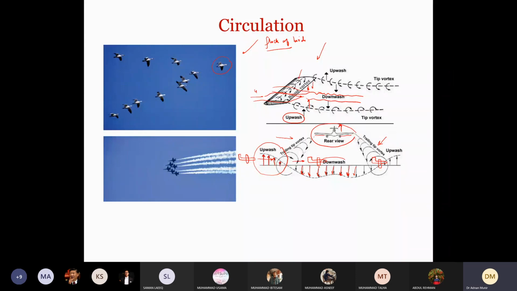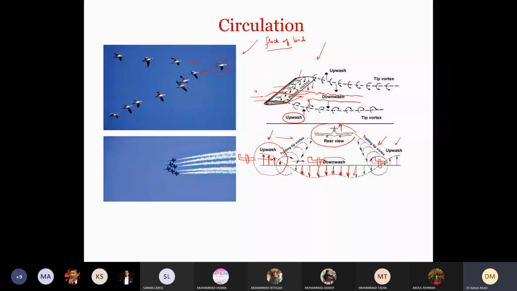So now in this case also you can see the wings of the bird, they also have finite wings, right? And then they will also have tips at their wings, so those tips will also generate tip vortices. And when we have tip vortices from the wings of the bird, when the other birds that are following these birds come in contact with those tip vortices, they will also feel that upwash, right?